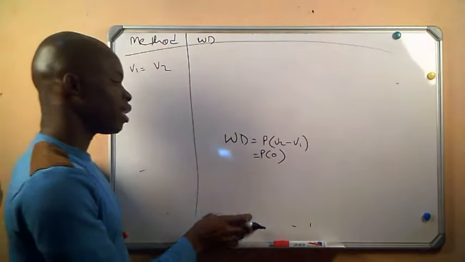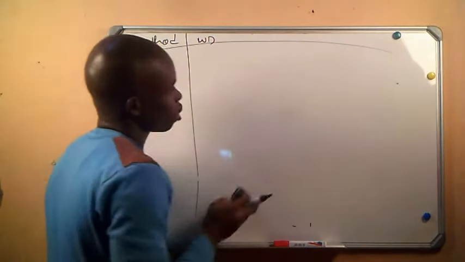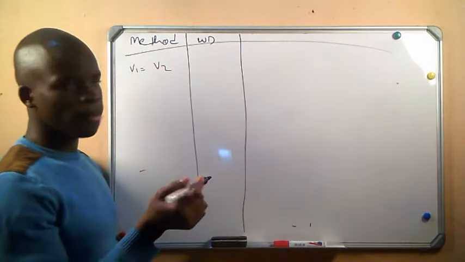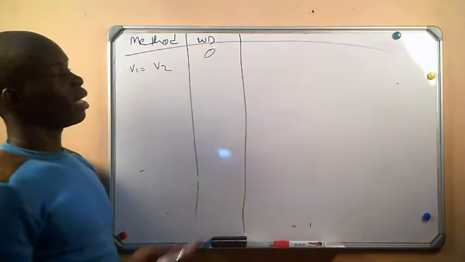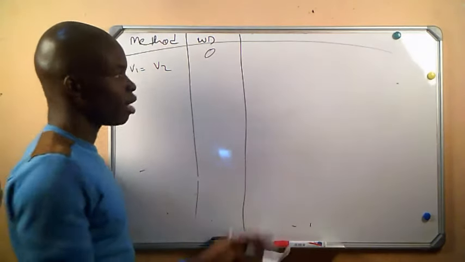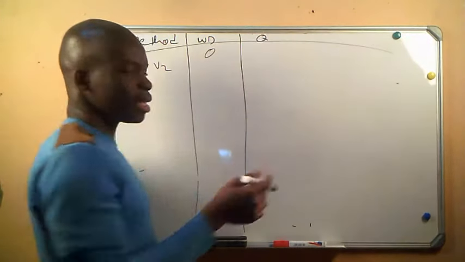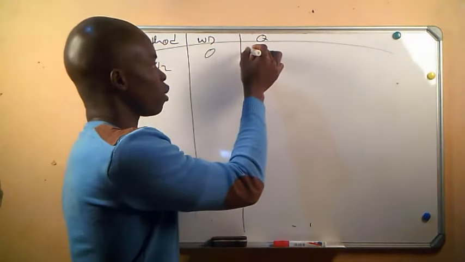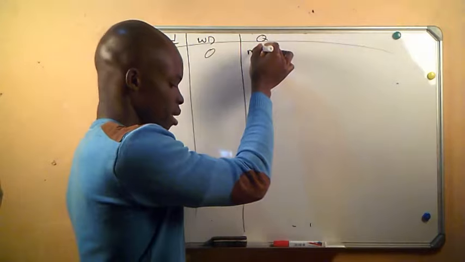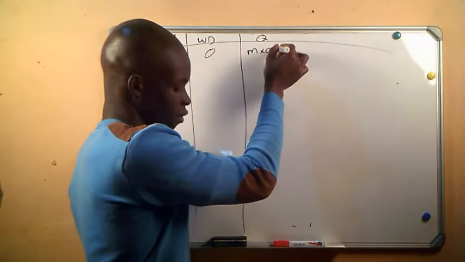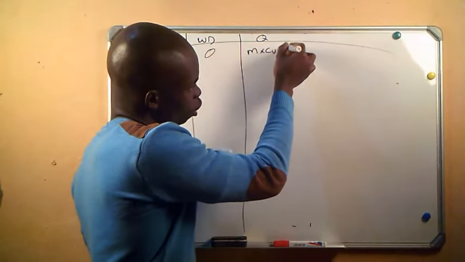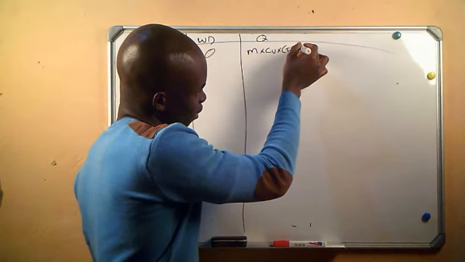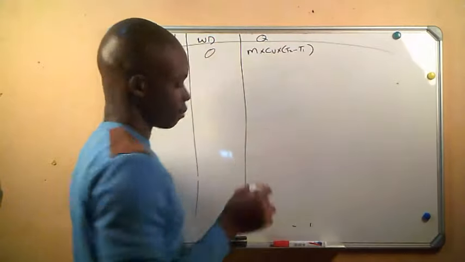Each and every number times 0 is equal to 0, meaning that in constant volume we do not have any work done. And then our Q, that is heat added or heat rejected, will be calculated using this formula: Q is equal to m Cv change in T, T2 minus T1.